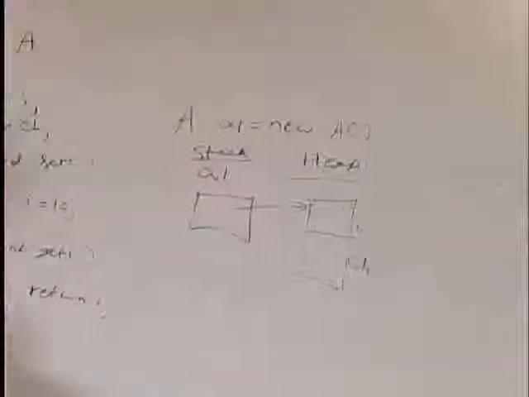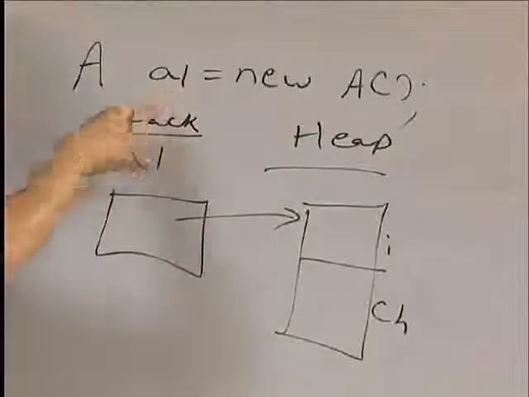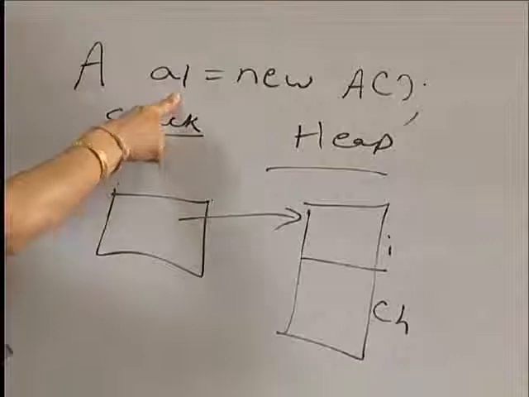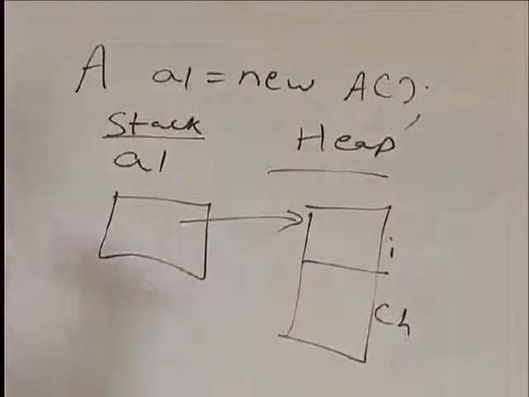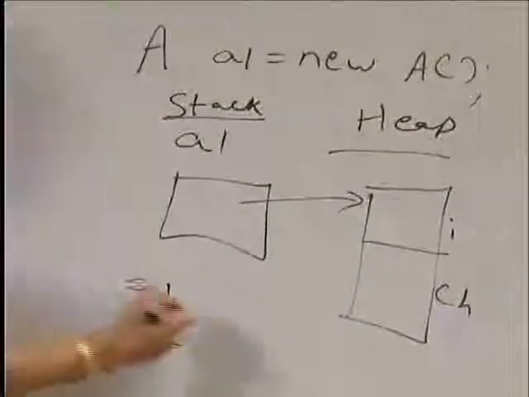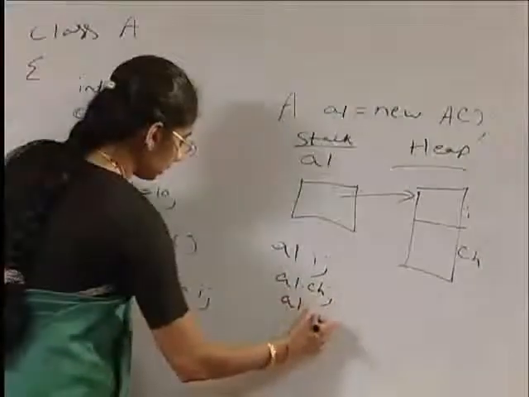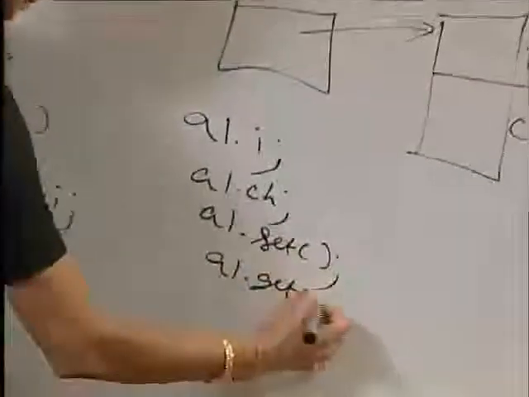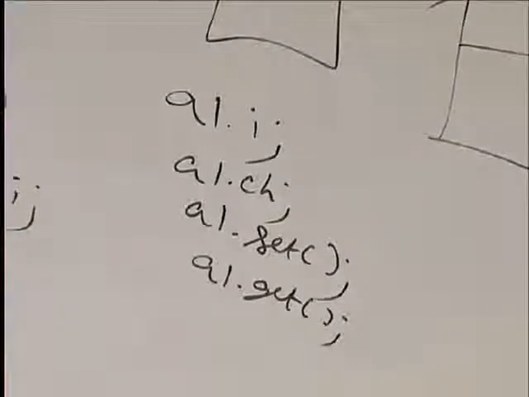Okay? So this particular variable A1, which is of type A, is called an object or an instance variable of a class. Using this instance variable, we then access the members of the class. It could be a variable or it could be a method. So this is how we access the members of a class.